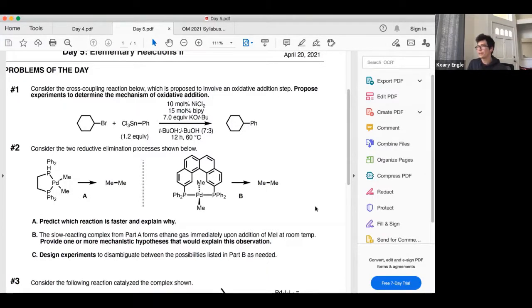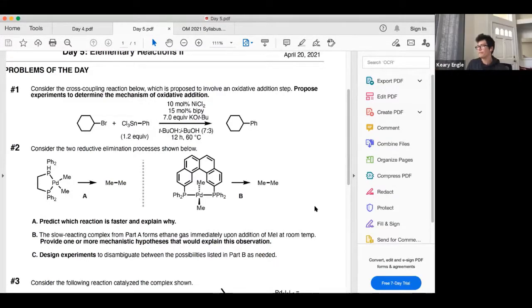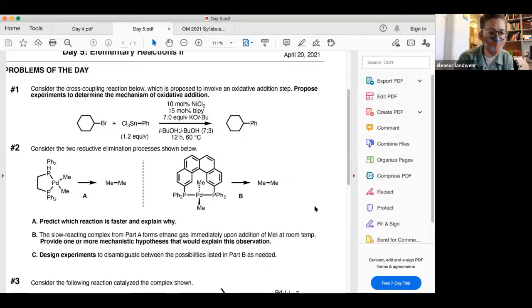Eleanor, what did you answer and why? I answered B, but I don't think that's right. I just thought it looked like the ligands were bulkier, so maybe it would force out the... Okay, and what would be the other argument? I'm not really sure. Sorry.